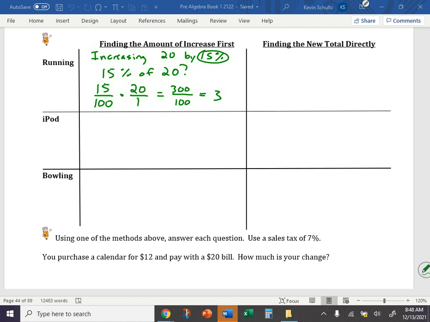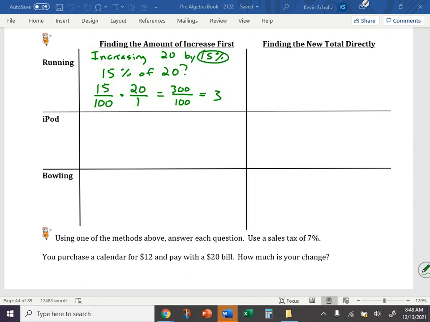So now, does that mean that next week we're running 3 miles? Is that what we just solved for here? No. What does it mean? 15% of 20. So 15% of 20 is 3.